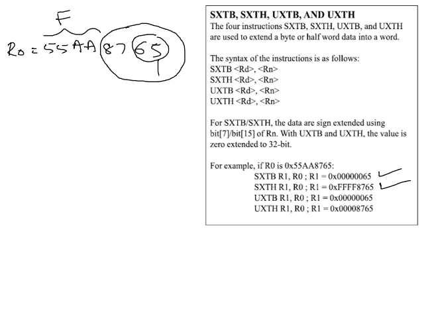Similarly, for unsigned, again 65 is retained for the byte. For the half word, 8765 is written again, but the upper part will be replaced by 0, the unsigned value.